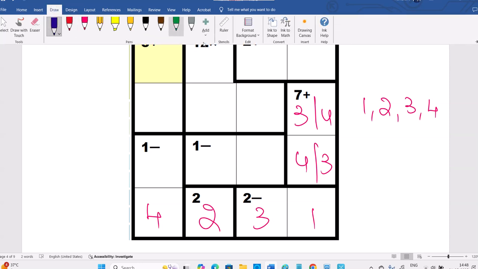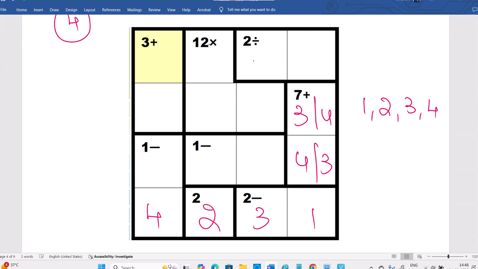go for top right. 2 numbers dividing, 2 required. It can be 4 and 2, or 1 and 2. 2 chances are there. Right, but 4 is already fixed in the right column. 1 cannot come, 4 cannot come here.